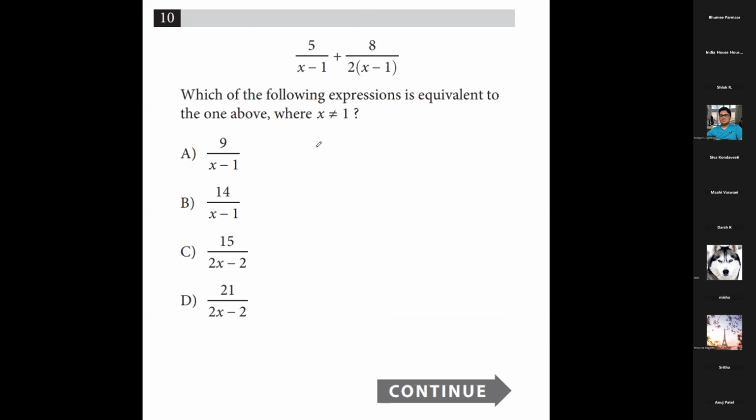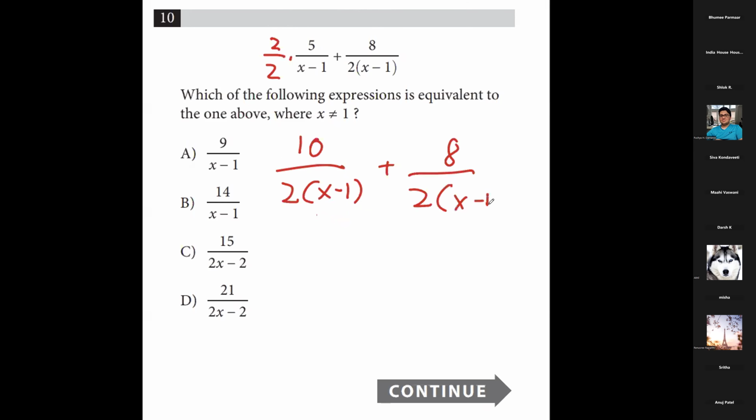We just kind of just need to solve. So to add two fractions together, we have to have the same denominator. So to do that, we just multiply this left side by 2 over 2. Alternatively, we could also divide the right side, but I find multiplication easier. So that would get us 10 over 2 times x minus 1, plus 8 over 2x minus 1.